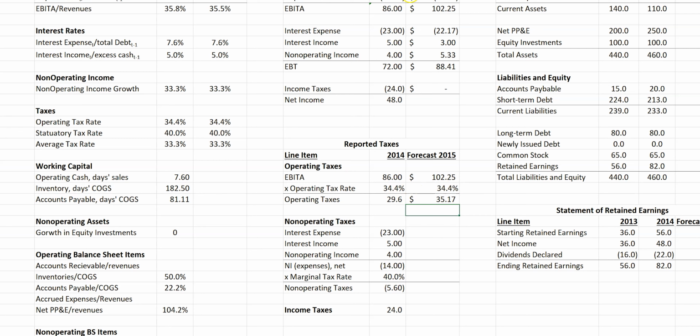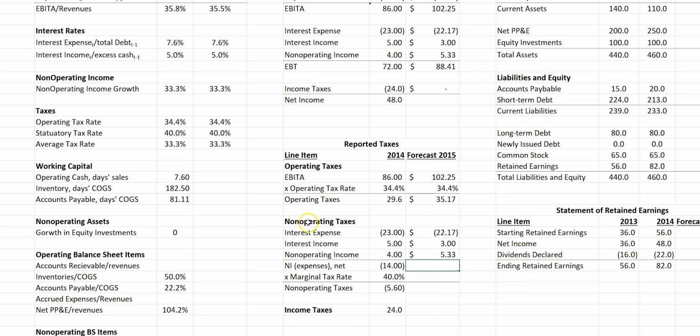Again, they grew because our operating income grew. Then we need to remove any non-operating items that would affect our taxes, and interest expense would allow us to reduce our reported taxes. And then interest income and non-operating income would both cause us to pay additional taxes above our reported taxes.